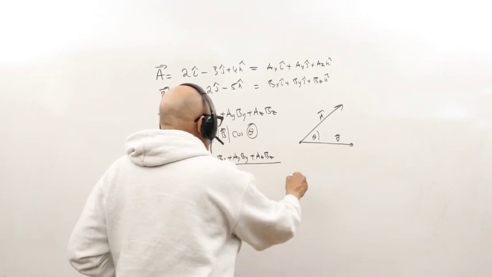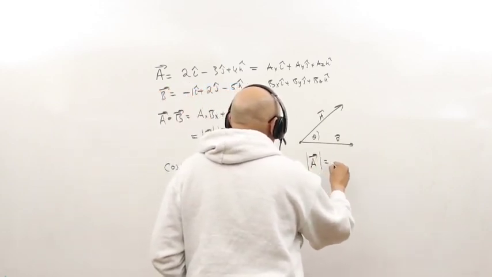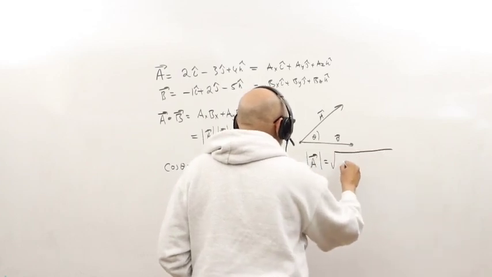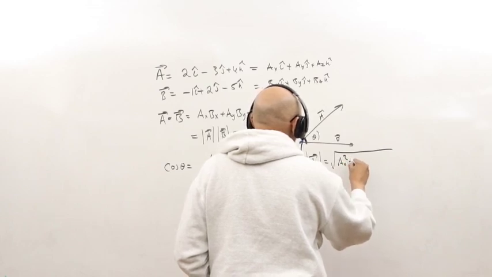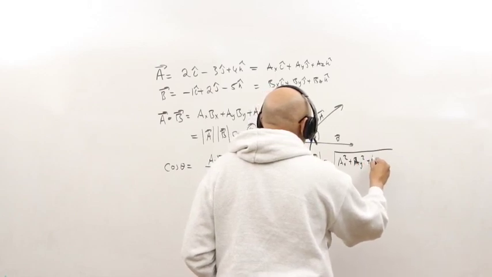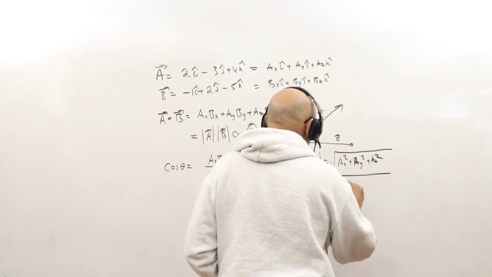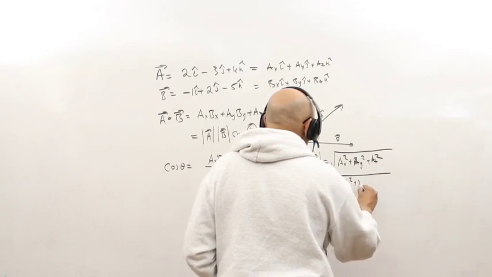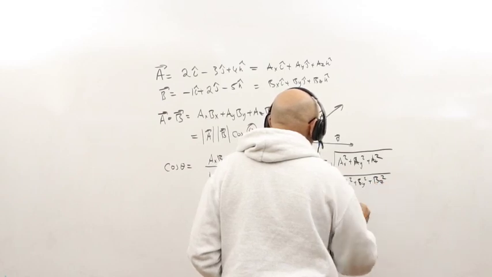So note that the magnitude of A vector is the square root of the sum of the squares of each of the components. So this would be AX squared plus AY squared plus AZ squared. The magnitude of B is BX squared plus BY squared plus BZ squared.